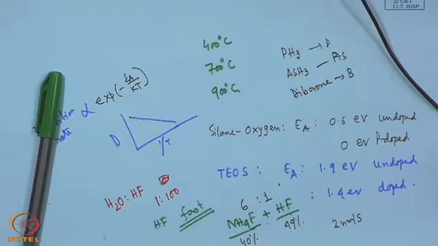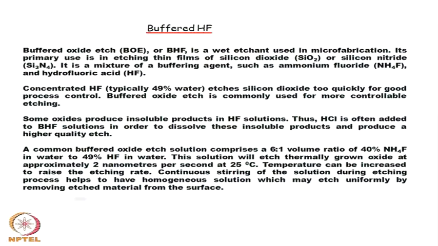Now, if you want a faster etch rate, then you have to increase the temperature from 25 degrees to say 30, 40, 50 degrees. That means you need some heating, and at the same time you can stir the solution for faster etching of the SiO2. Continuous stirring of the solution during the etching process helps to have a homogeneous solution which may etch uniformly by removing etched material from the surface.